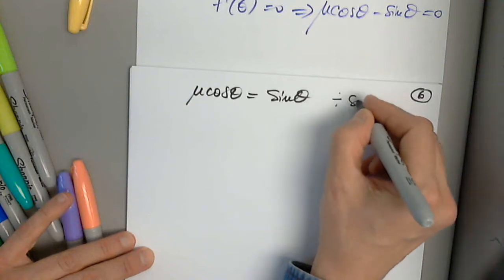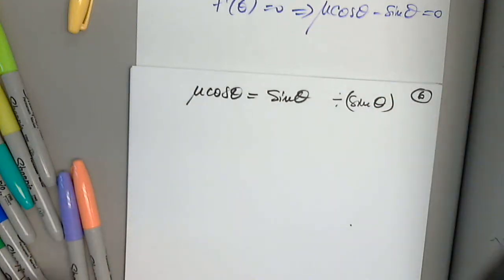And we will divide both sides by sine theta. Now, every time I divide by a variable or a function with a variable, I have to worry about it being 0. But it cannot be 0 because if this is 0, then mu cosine theta being 0, that would be 90 degrees, right?